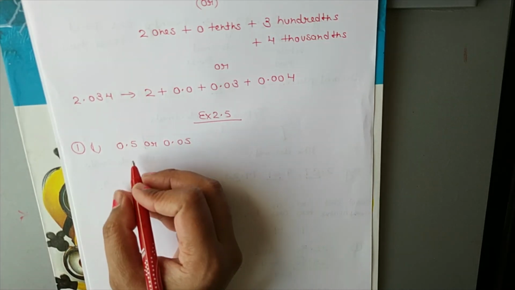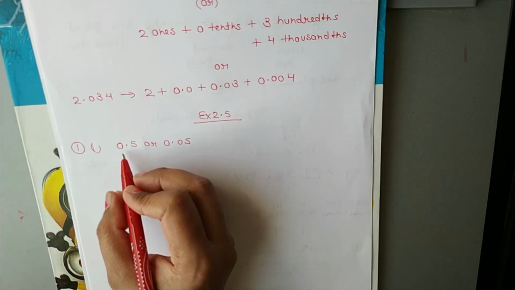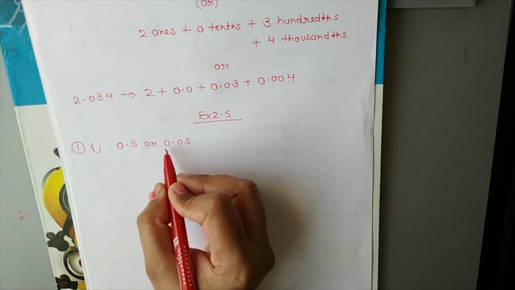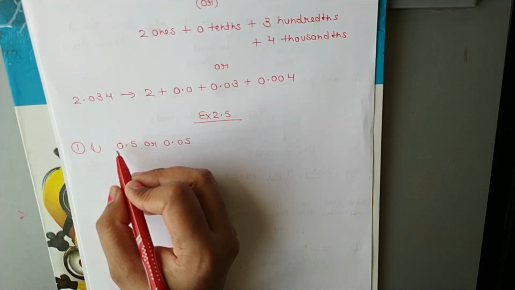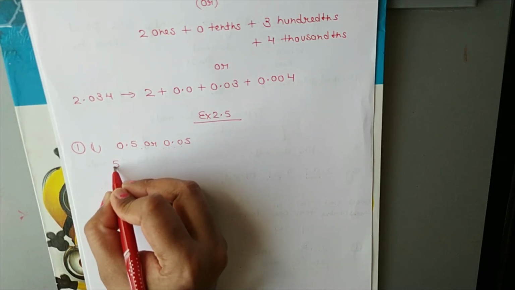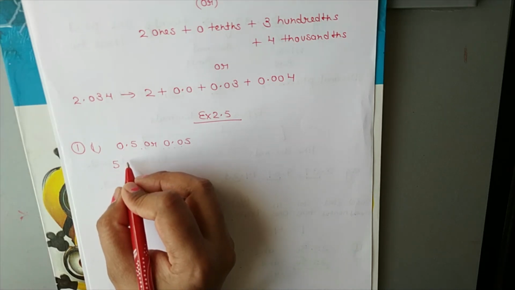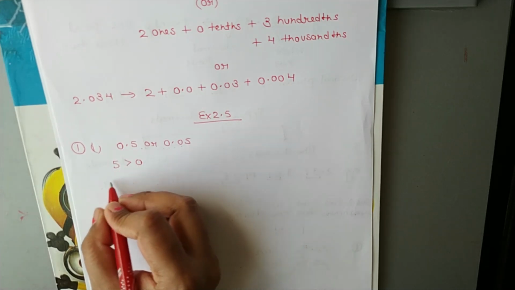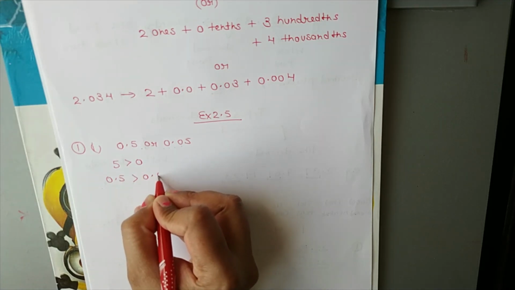The digits on the left side of the decimal in 0.5 and 0.05 are the same. This is the whole part. Now at the tenths place it is 5 and here it is 0. Which one is greater? 5 is greater than 0. It means 0.5 is greater than 0.05.